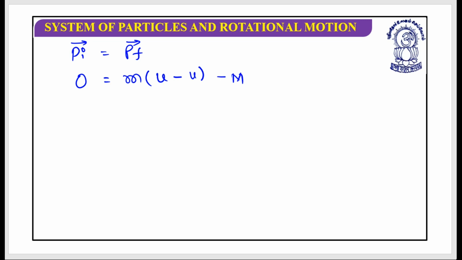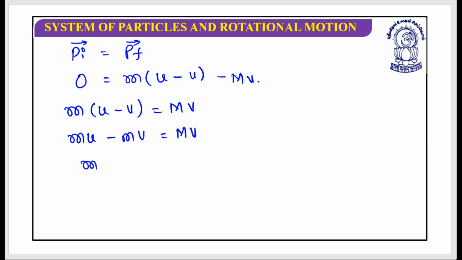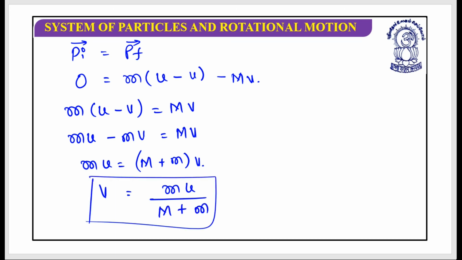This could be written as minus M into V. So 0 equals m into (u minus V) minus M into V. So mu minus mV should be equals to M into V. This could be written as mu equals (M plus m), the masses of both multiplied by velocity V, and this V could be written as m into u divided by M plus m. That's it, you did it, great job. I hope this is clear. Are you sure?